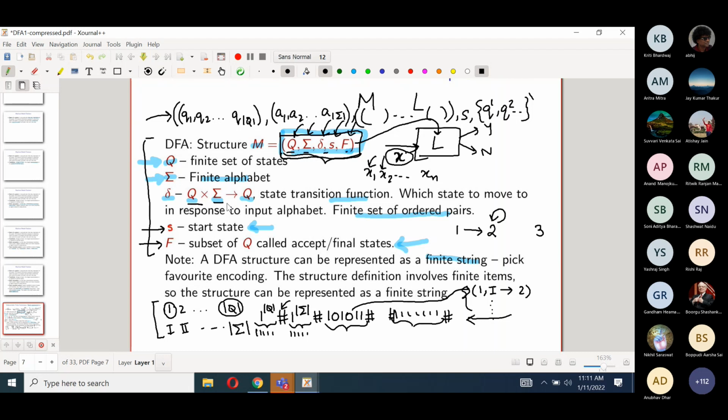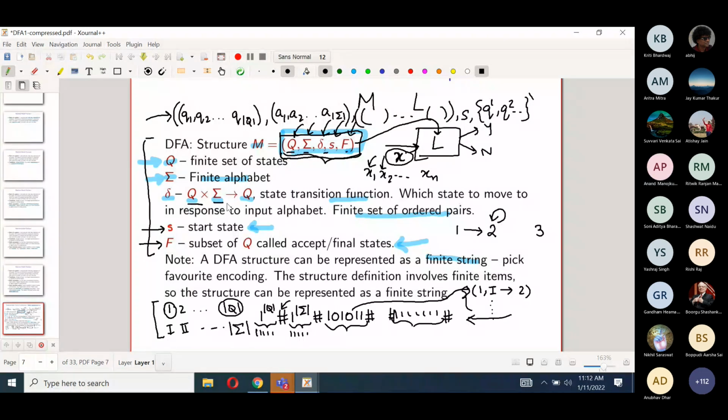One follow-up question is, suppose you had sigma star, would it still be a finite description? I don't know who asked the question. If the strings we can input are only finitely long, it would work.